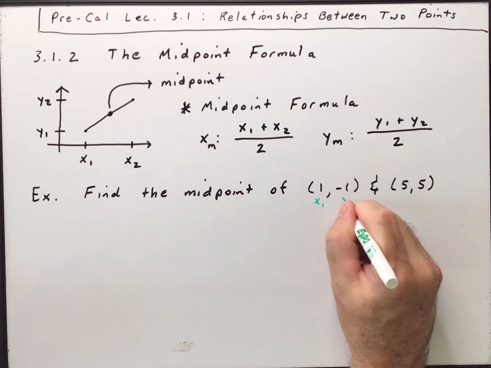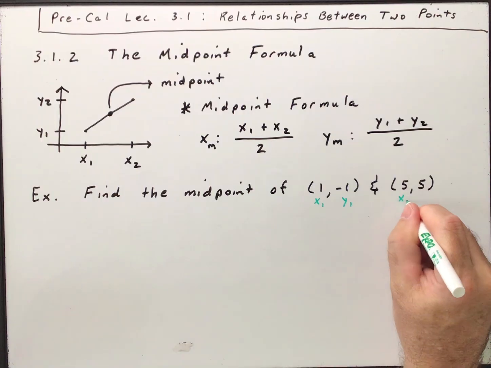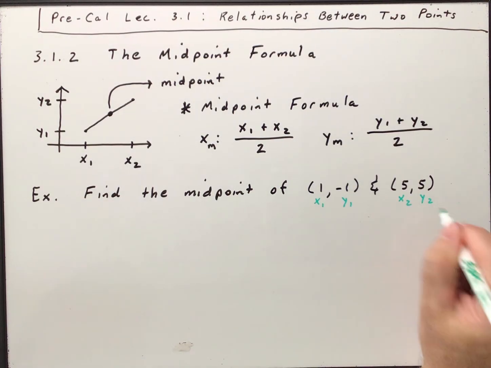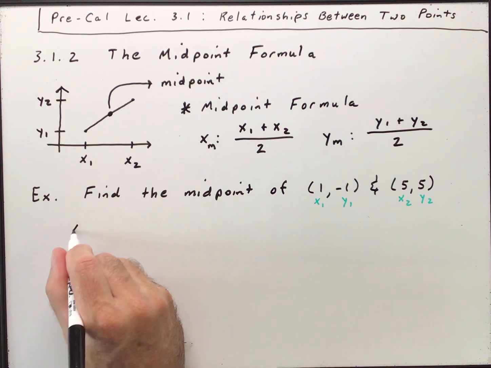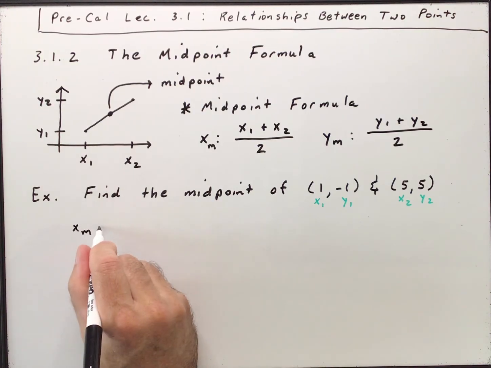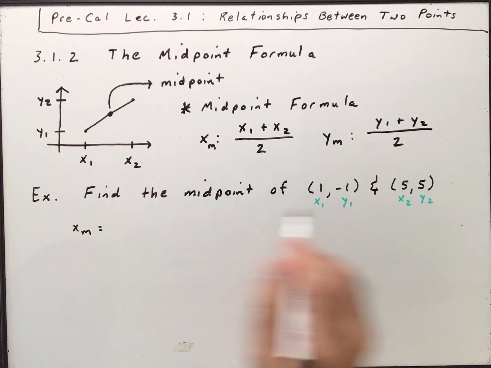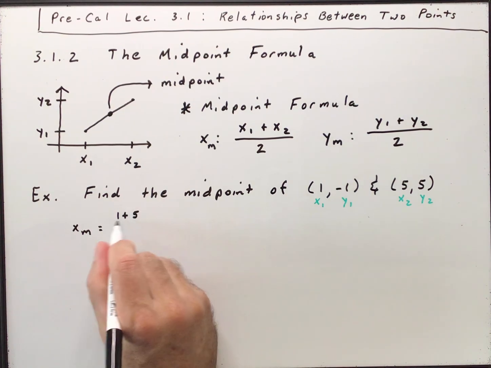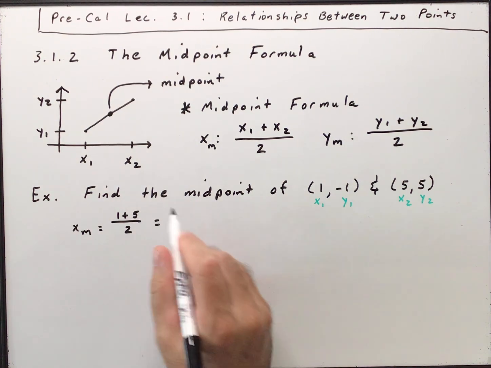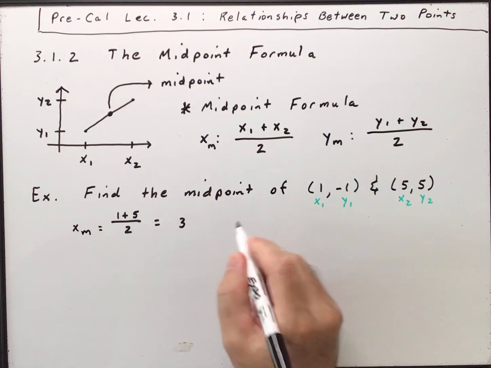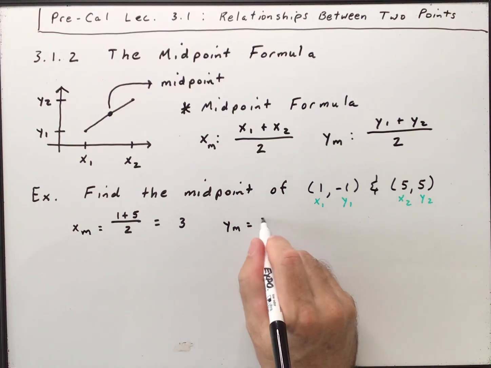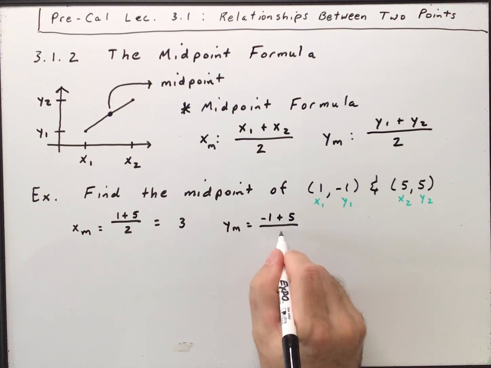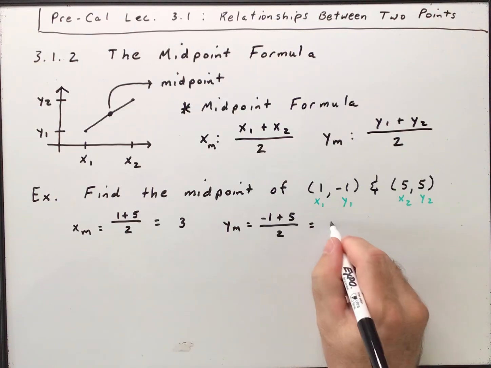So that's x1, y1, x2, y2, because I've had students accidentally kind of put the x's and the y's together. Okay, so x midpoint is going to equal 1 plus 5 over 2. So that's 6 over 2, which is 3. And then the y midpoint is -1 plus 5 over 2, which would be 4 over 2, which is 2.